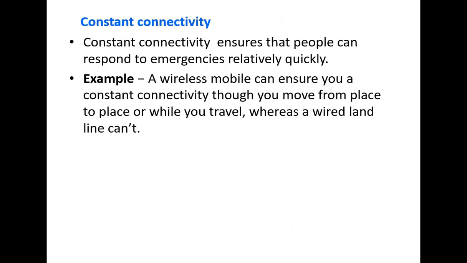Then constant connectivity is another thing, ensuring that in an emergency situation we can maintain a good constant connection in whatever application or activity we do while moving from one place to another.